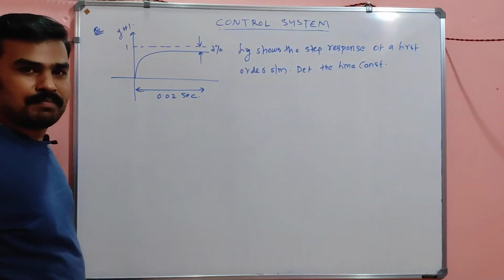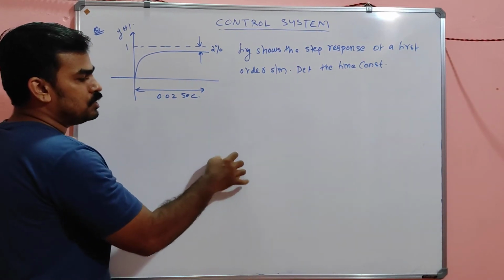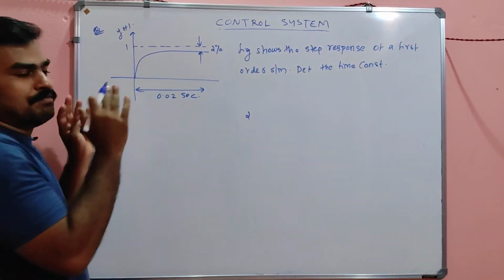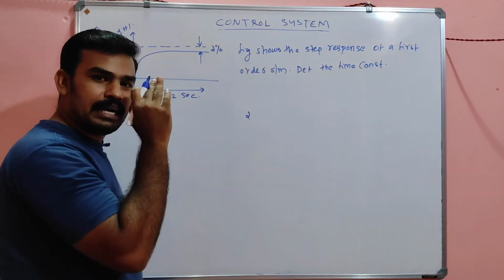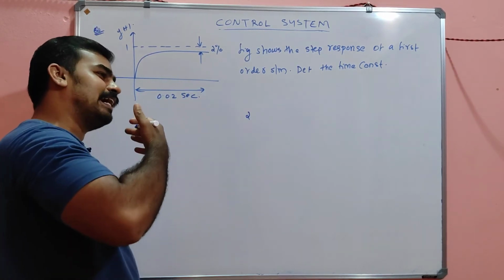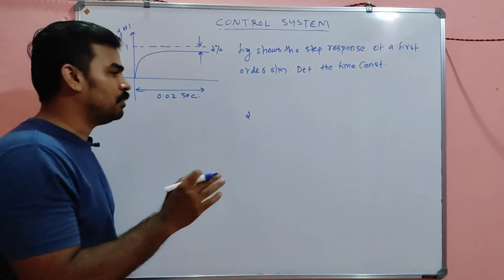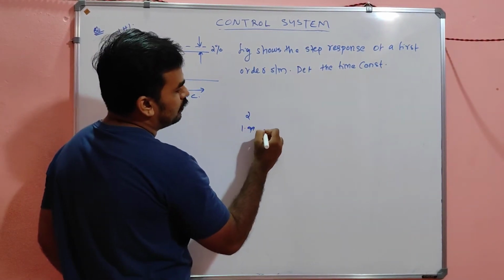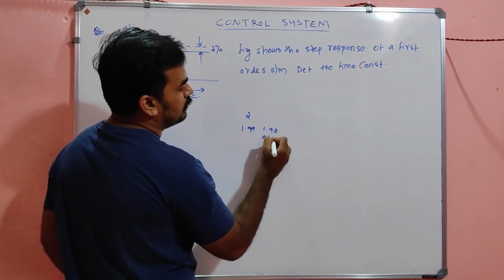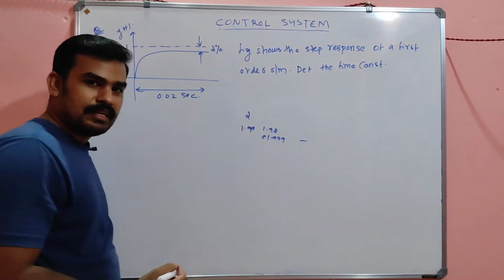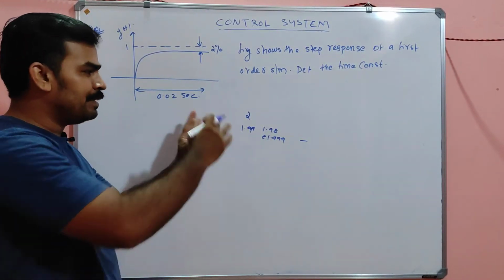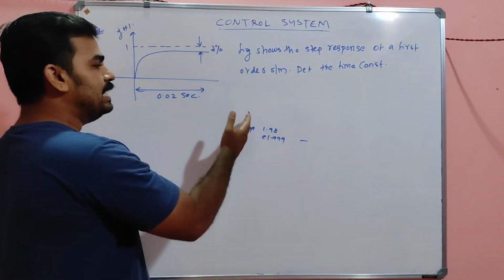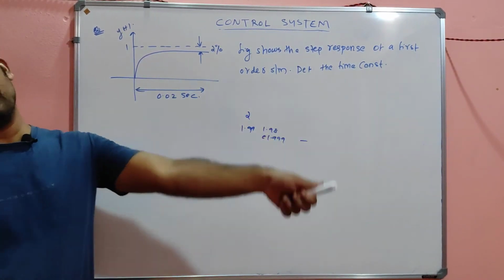In a control system, suppose the expected output is 2. The system will not attain exactly 2, even if you observe it for infinite time. It will be nearly 1.99, 1.98, 1.999, and so on. There will be an oscillation around its final value. Only in an ideal system, if you set 2, it will be exactly 2.